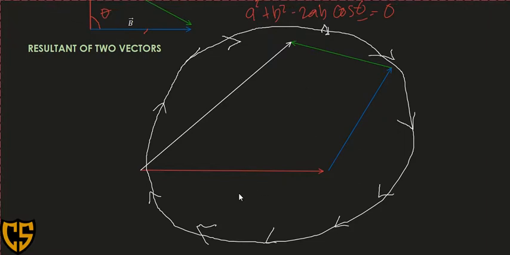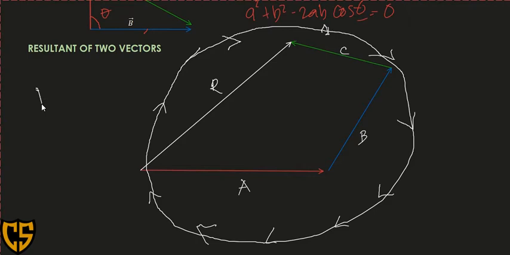So for example, we'll label this one. This is your A, this is your B, this is your C, and this is your vector R for the resultant. So we are going to have this representation. So R, going in this direction will be positive. The opposite is your negative.